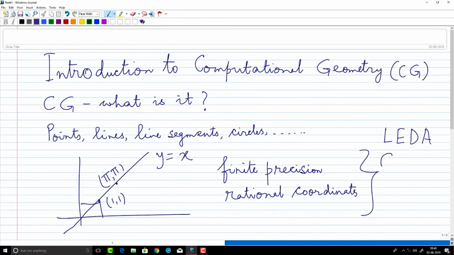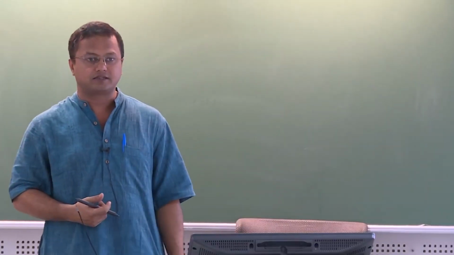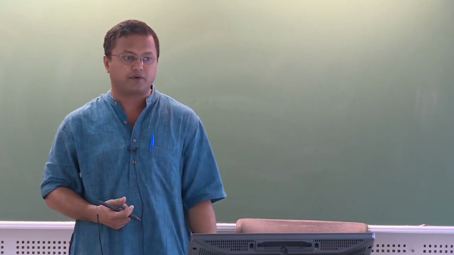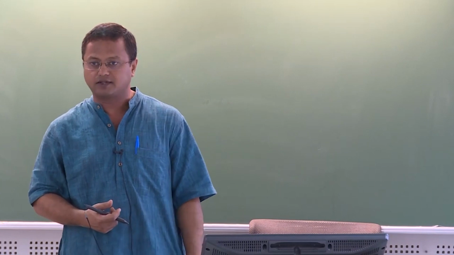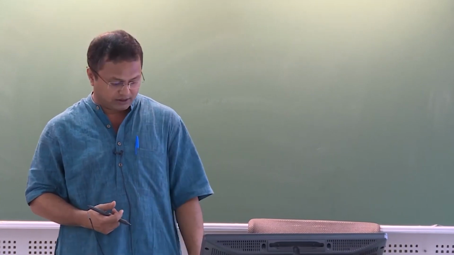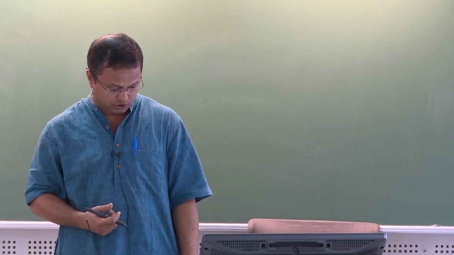The other one is a free software known as CGAL, the Computational Geometry Algorithms Library. It is free. So, this is one with which you can get your hands dirty by trying to write programs in geometry.